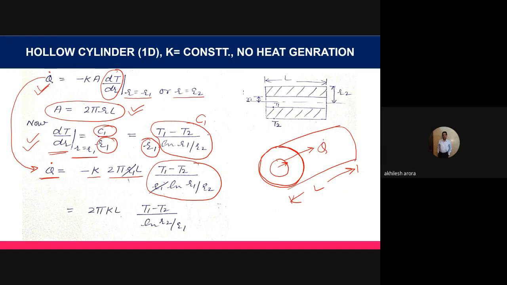You can see this r1 and this r1 will cancel out, and finally we are left with 2 pi k L, and this negative sign is inserted here. In the numerator it is T1 minus T2, and the denominator becomes log natural r2 by r1. Since r2 is greater than r1, this term will be positive, and this is already positive.